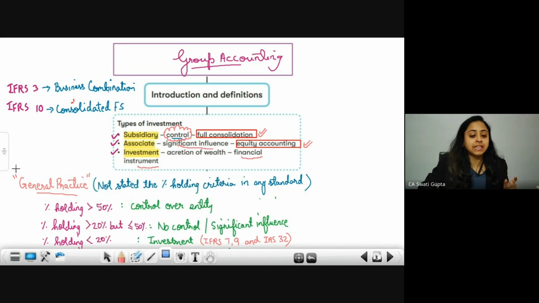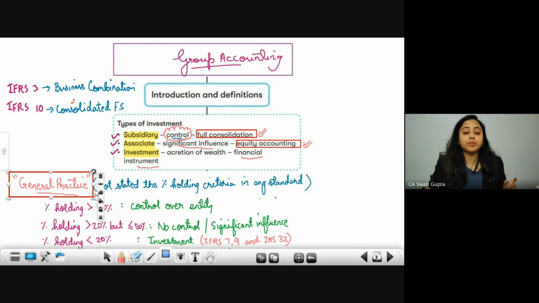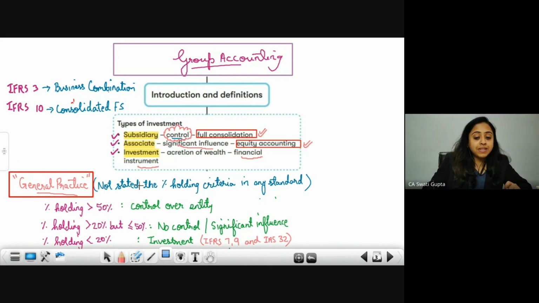The standard does not prescribe any percentage holding basis as a criteria to determine the relationship status among the group entities, whether parent, subsidiary, associate, investment, etc. Percentage holding is not the criteria at all. It has not been stated in any standard, neither in IFRS nor in Ind AS.